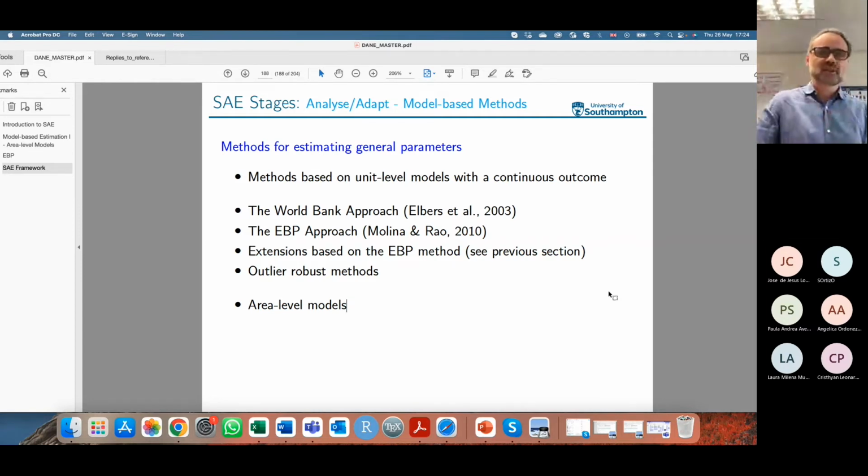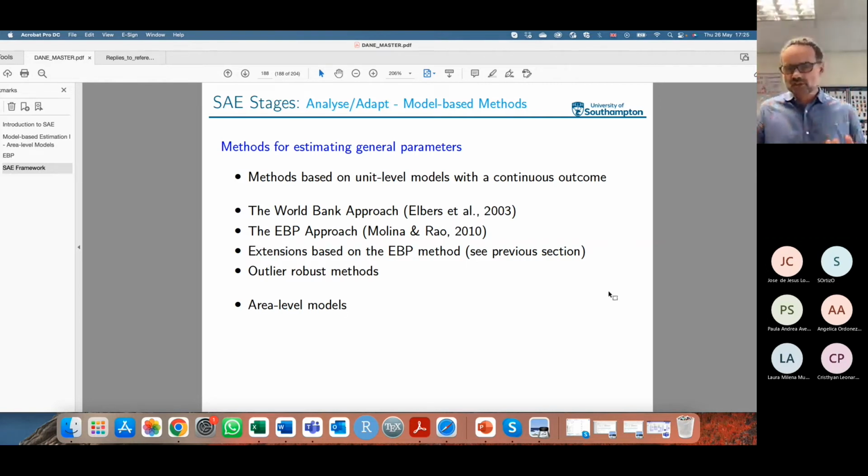But as I said, there is literature out there that allows you to implement area level models for estimating more complex indicators. The problem with area level models is that every time you define a new indicator, a new target parameter, you have to fine tune your area level model for that particular parameter.